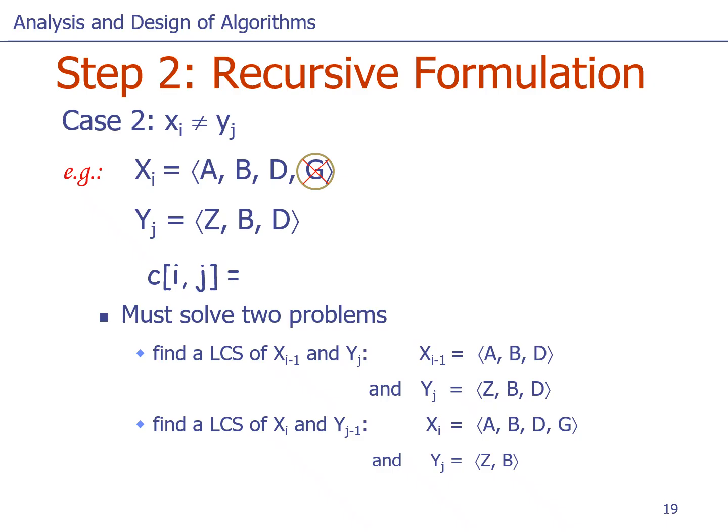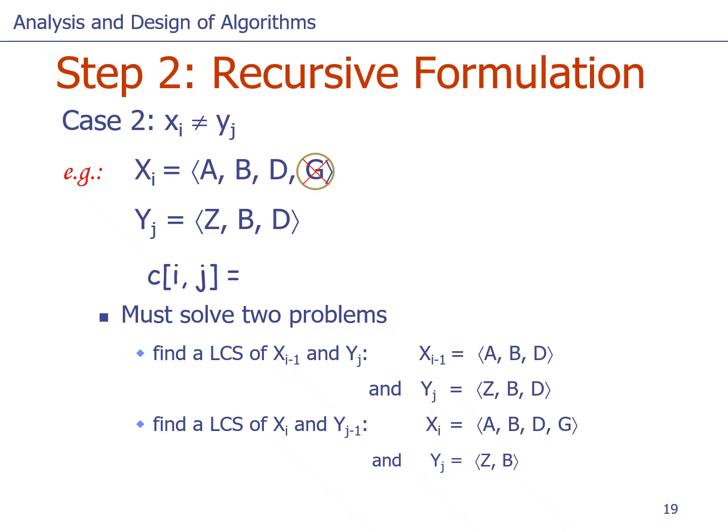But I also need to consider another problem of still a smaller size, which is with the existence of the new letter G and omitting the last letter that I have previously entered into my second string, or second sequence, which is the D that comes after the Z and the B.